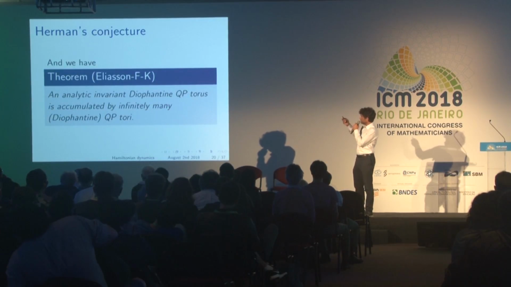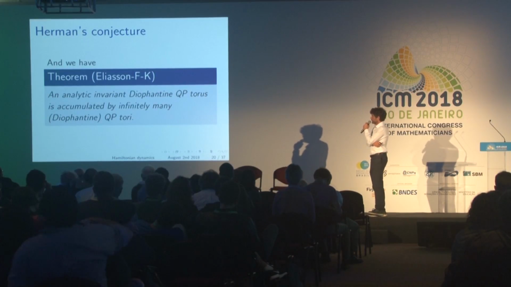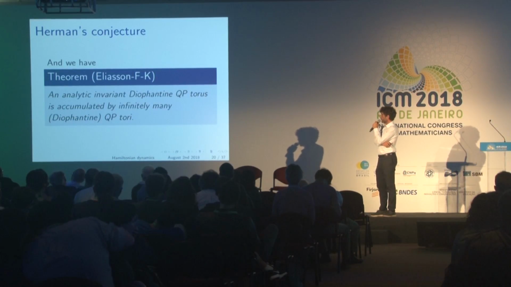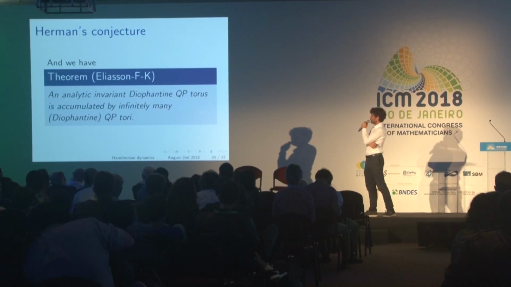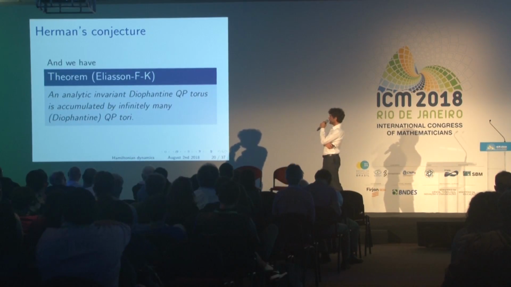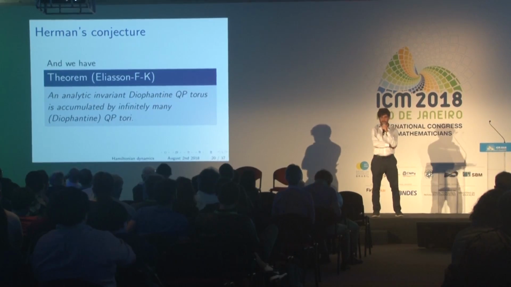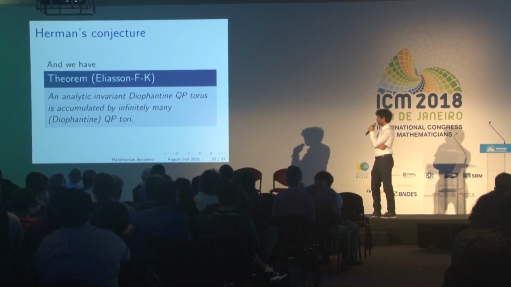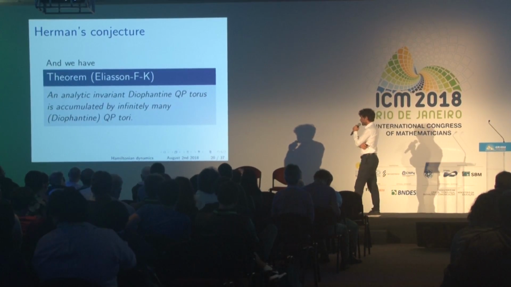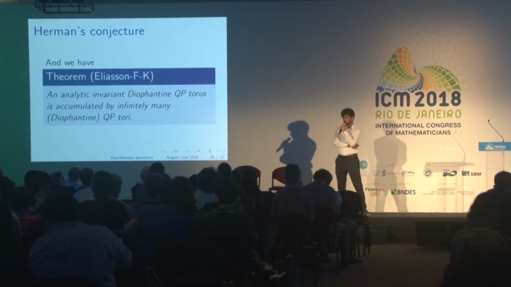We made some progress in the direction of the conjecture, but we are far from completing it because we only prove that an analytic invariant torus is never isolated from other tori.